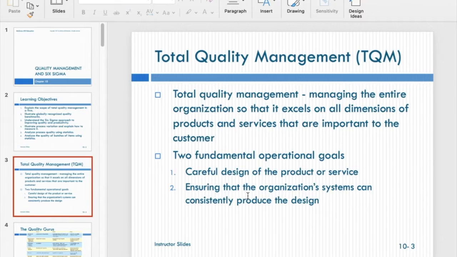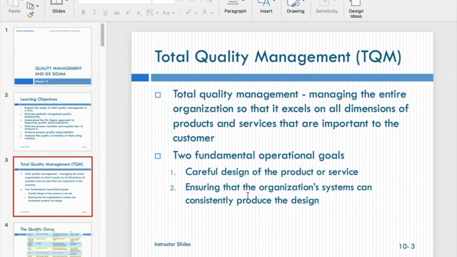Let's say for this product, how are the features of this product? How is the performance of this product? Is it a reliable product, or does it have some problems? How is the service of the product performed? These are all different dimensions of products or services.